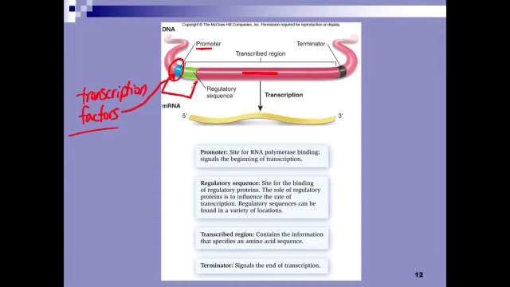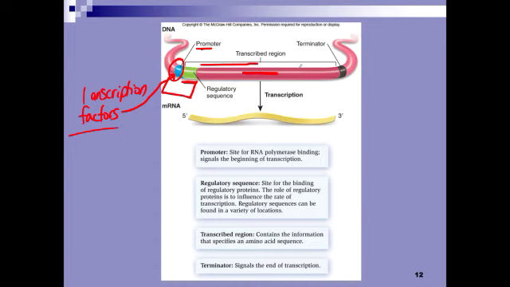Next to the promoter is the regulatory sequence, and this regulatory sequence works with the transcription factor as well as RNA polymerase and some other enzymes to kind of bring everybody together to get started on this transcription process. Once everybody is together and they get the go-ahead, transcription will begin. And in this case, this whole region here will be transcribed into an RNA molecule.